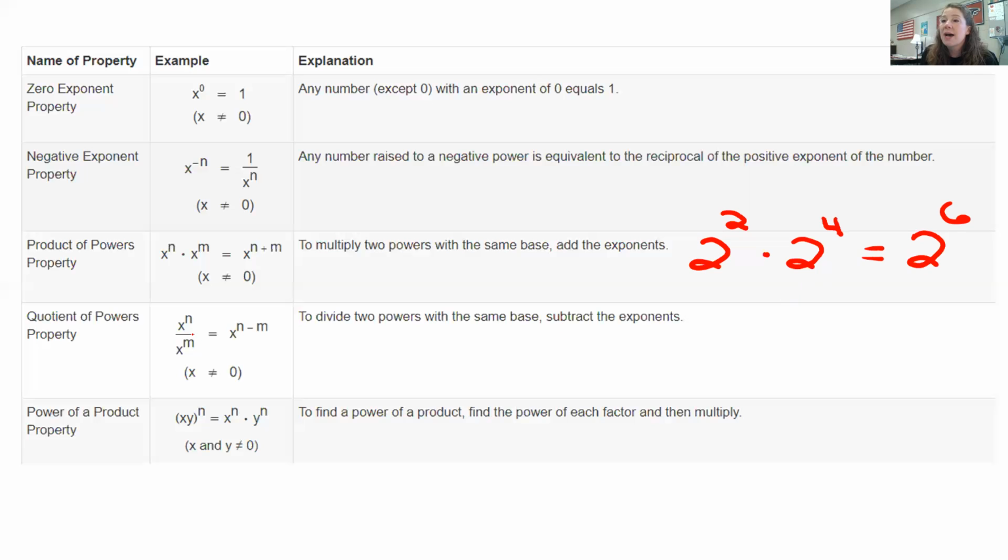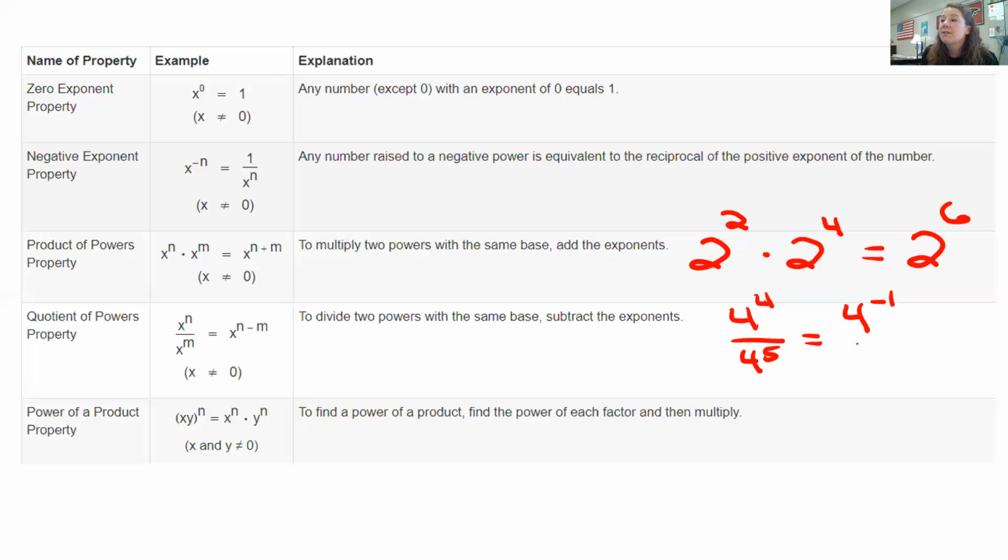The quotient of powers: if you have two numbers that have the same base, whatever those exponents are, if they're being divided, you are going to subtract those two numbers. So if we have 4 to the 4th power divided by 4 to the 5th power, well, the rule says you subtract the exponents, so 4 minus 5 is -1. So now we think about our negative exponent rule.